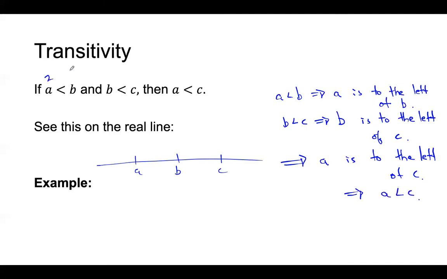If this is 2 and this is 5, and this is, let's say, 5 and 8, then 2 is going to be less than 8.